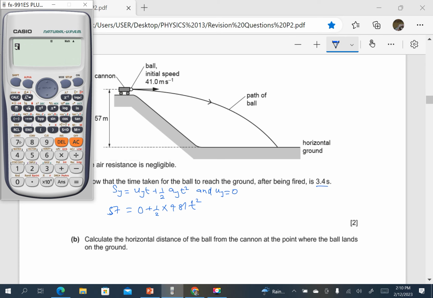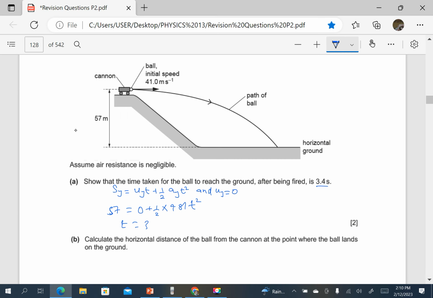So I will just say 57 times 2 divided by 9.81. Then I find the square root of the answer. So it means t is equal to 3.4 seconds. If you want to show the working, you can say t is equal to the square root of 2 times 57 divided by 9.81, which is 3.4.